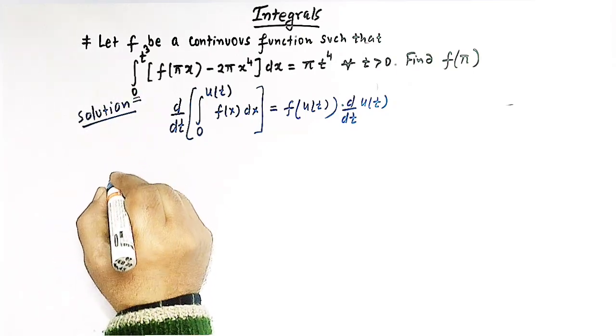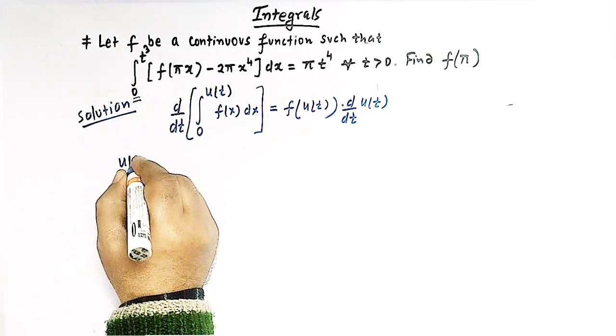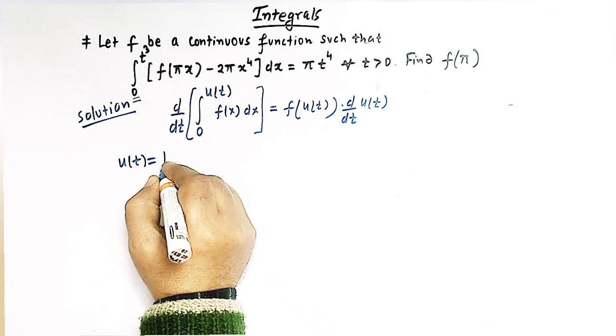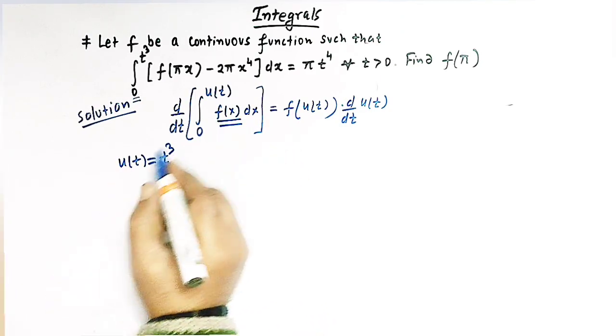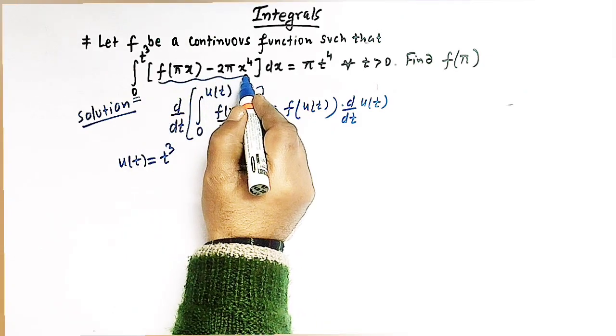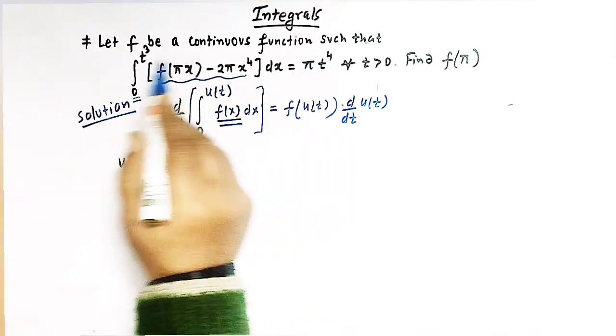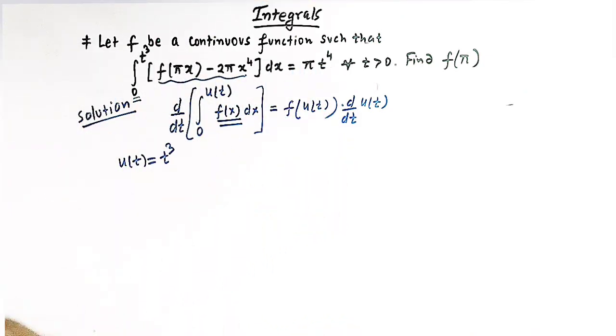So we have u of t is equal to t cube, and this function f of x is given by this one, right? So let us differentiate both sides with respect to t.